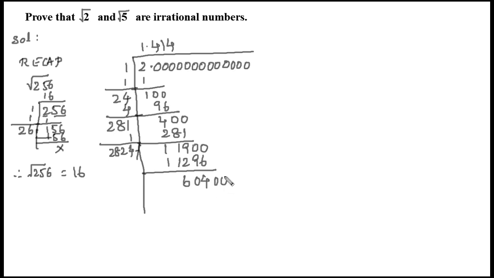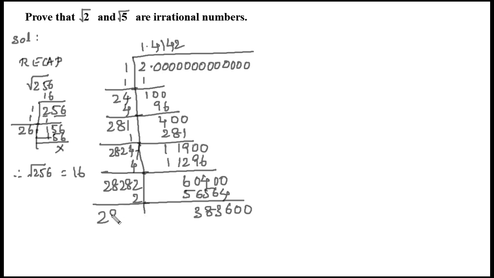Bring 2 zeros down. Now double this digit, that is 4. So it will become 2828. So we will take 2 here and here also 2. The product is 56,564. Now subtract it. It's 3836. Bring 2 zeros down. Now double this digit.